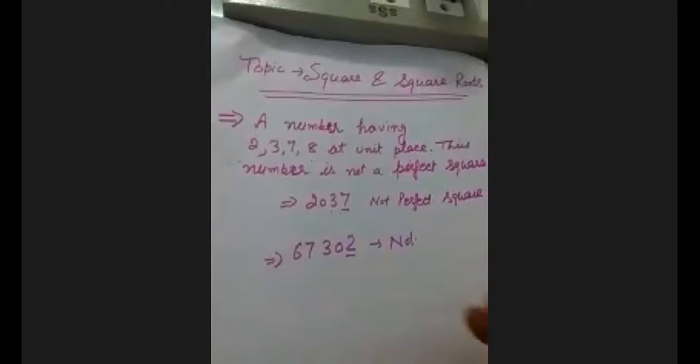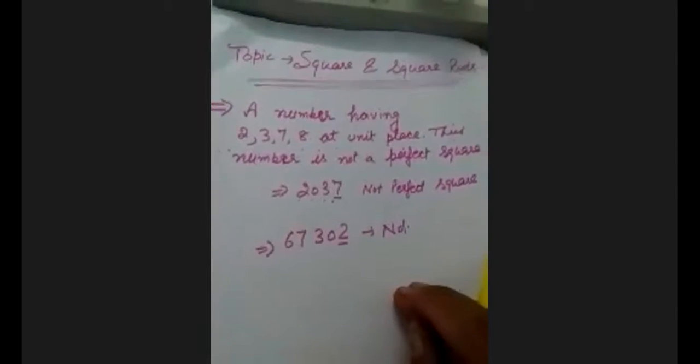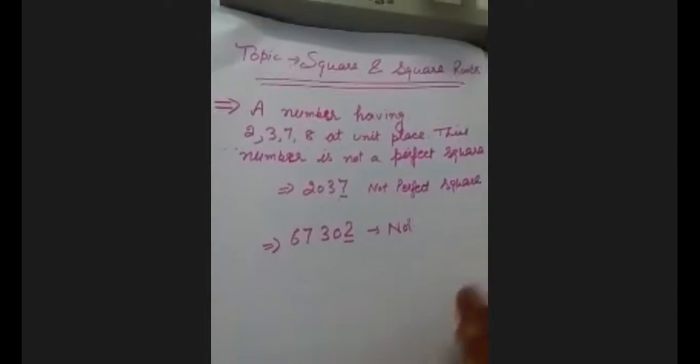A number ending in an odd number of zeros is not a perfect square.